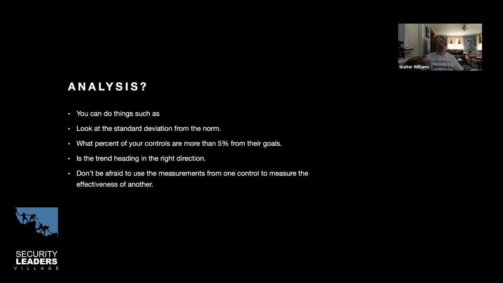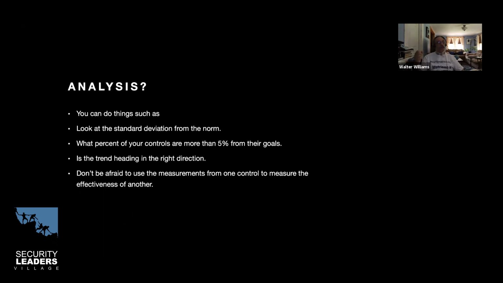Now, are the trends of both of those heading in the right direction? Are the standard deviations from the norm getting smaller? Or is the percentage of controls more than that 5% getting smaller? And you could set that to whatever percentage you want it to be. And please use the measurements from one control to measure the effectiveness of another. You can use clicks on URL filtering as an example to measure how effective your security awareness training is.